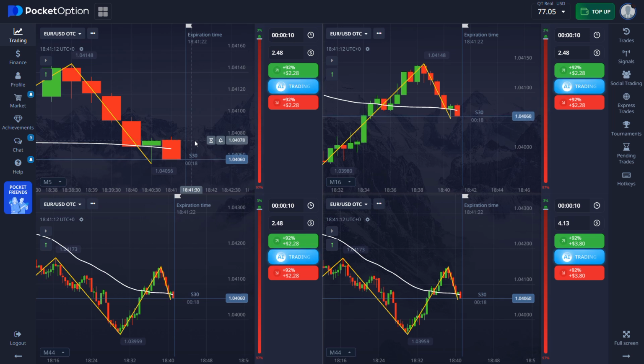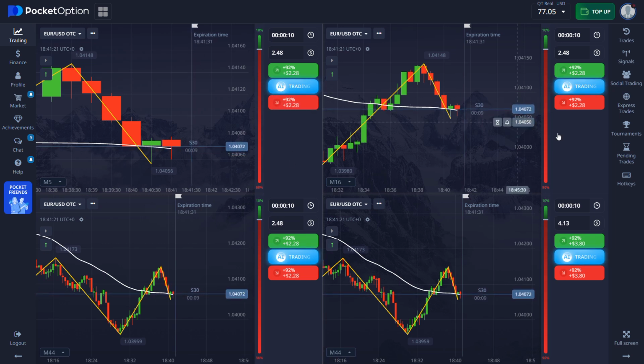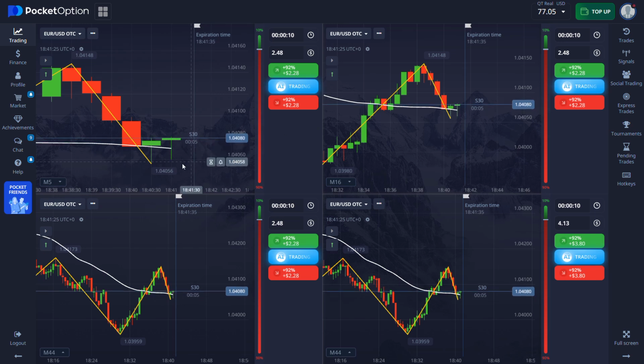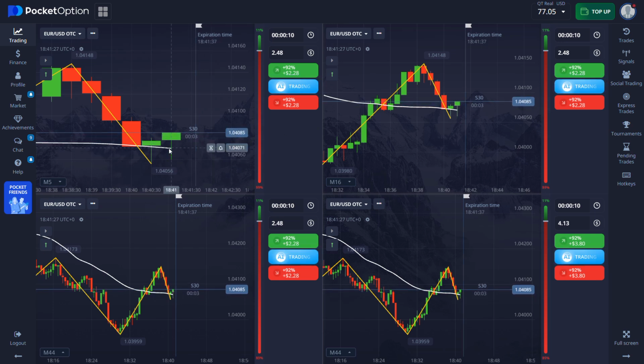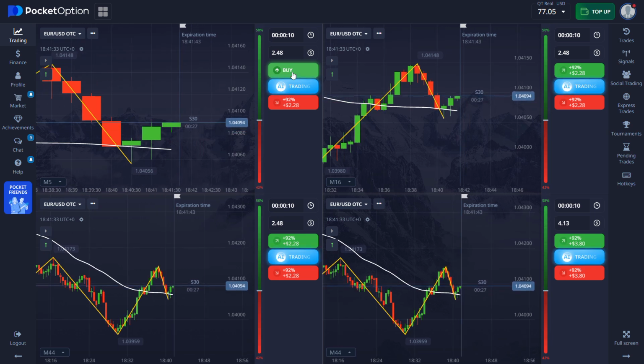So let's see if we're going to place sell positions here. You need to place 3 trades at 248. It doesn't look like it's going to continue to push down. It looks like it's going to go up, but at the same time, it's very indecisive here. So we might just leave it alone.